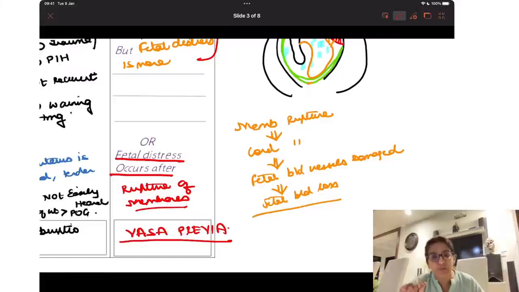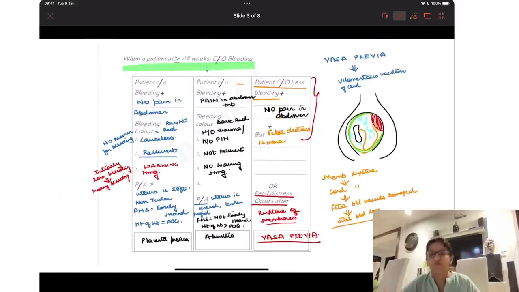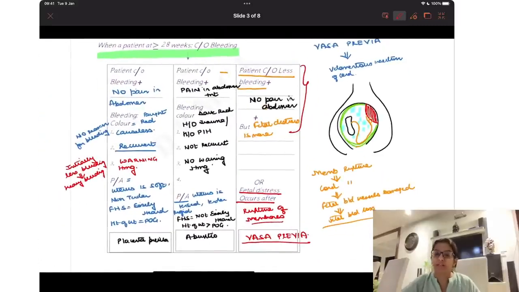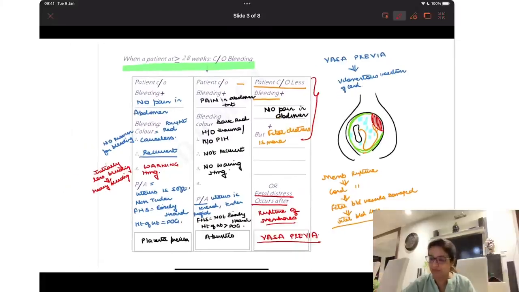Vasa previa में less bleeding होगी लेकिन fetal distress बहुत ज़्यादा होगा क्योंकि this blood belongs to the fetus, right? Clear to all of you? So, on the basis of history and per-abdominal examination findings, we can come to know whether we are dealing with placenta previa, abruptio or vasa previa.